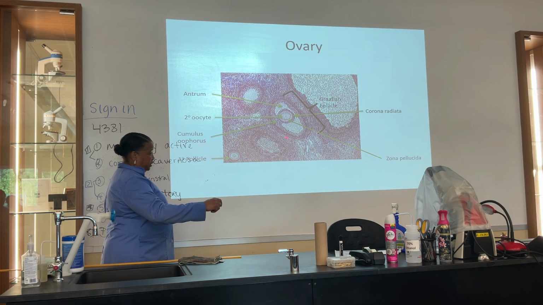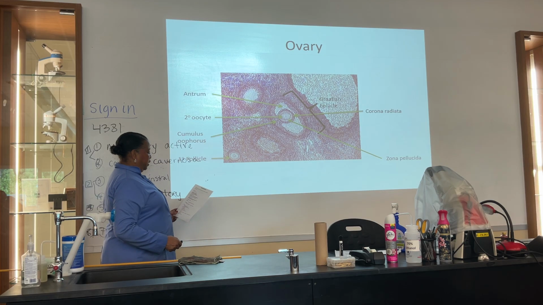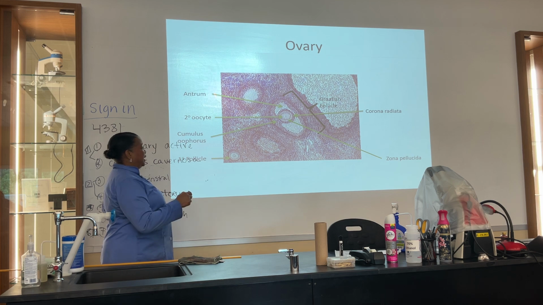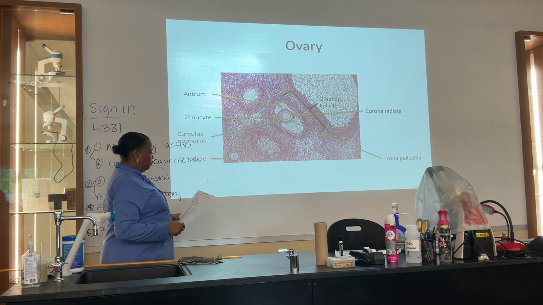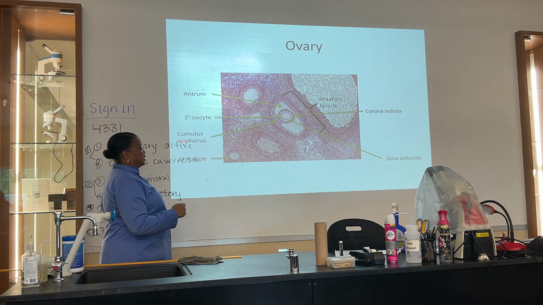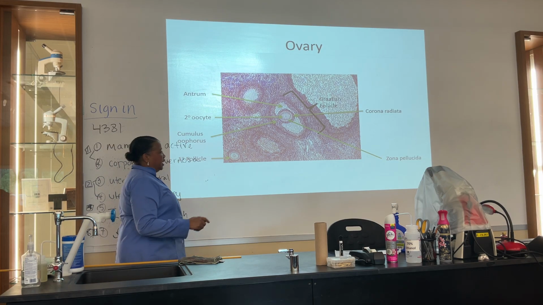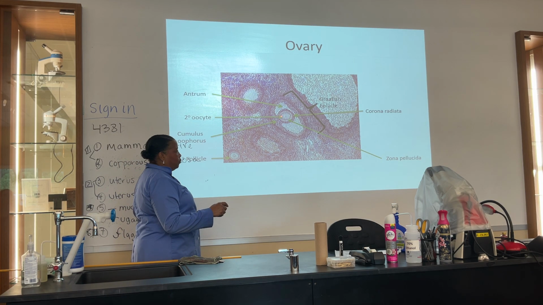This bracket is showing the whole thing. And then we have to know the antrum, and that's this area here, okay, the antrum. And then we have to know the cumulus oophorus, and that's this stalk here that's supporting the egg, all right? And then we have to know the zona pellucida, and so there is a clear area around the egg.